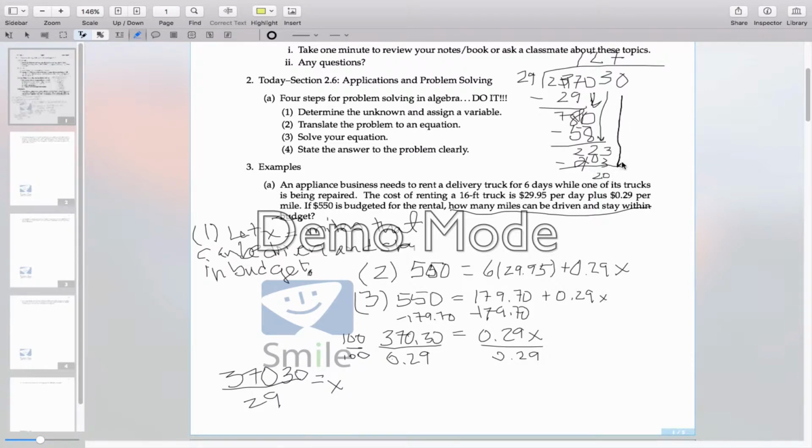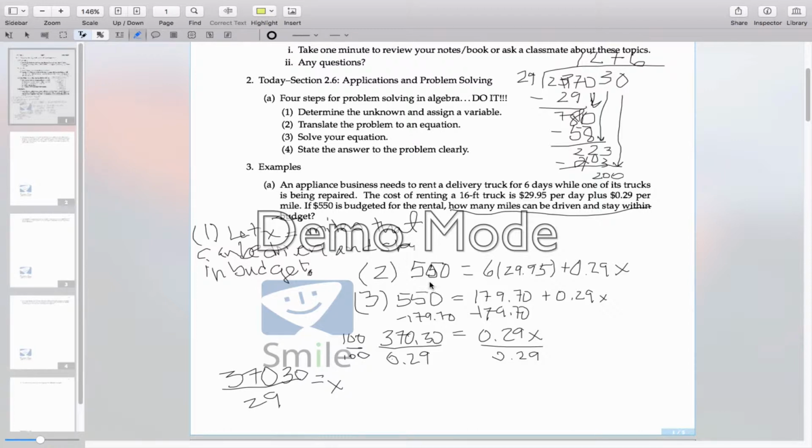Bring down the 0. And I know that 6 times 29 is going to give me, let me see, I did this amount. Oh no, apparently I didn't. So I'll just do it again. 30 times 6 is 180, and then subtract 6.